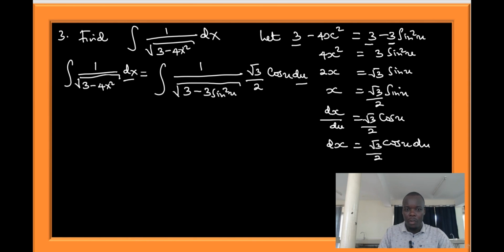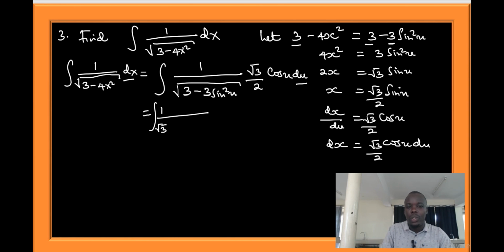Now from this level, we can all see 3 and 3 is common. When you pull it out, it's not a square number, so it will keep within the square root. So I will have this step as integral of 1 out of root 3. Root 3 will be out.